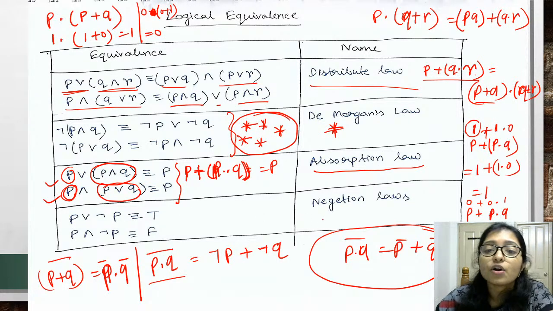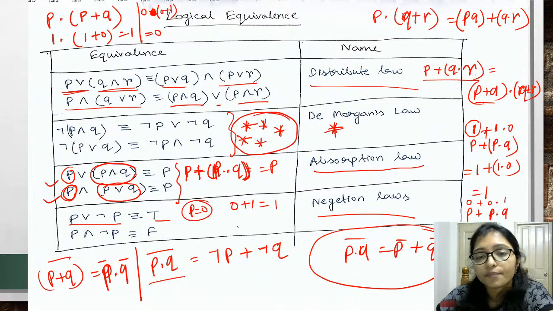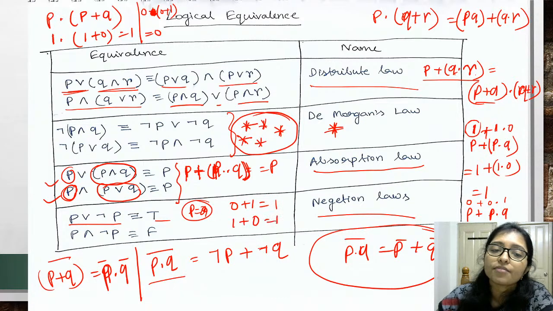Okay. Now negation law. What is negation law? P or not P is true, definitely, because if you take P equals to 0, then 0 plus 1, definitely it will always be 1, right? Or if you take it is 1, so 1 plus 0, it will definitely be 1. And for AND, if you take 1 dot not 1, that is 1 dot 0, every time it will be false, or 0 dot 1, every time it will be false.